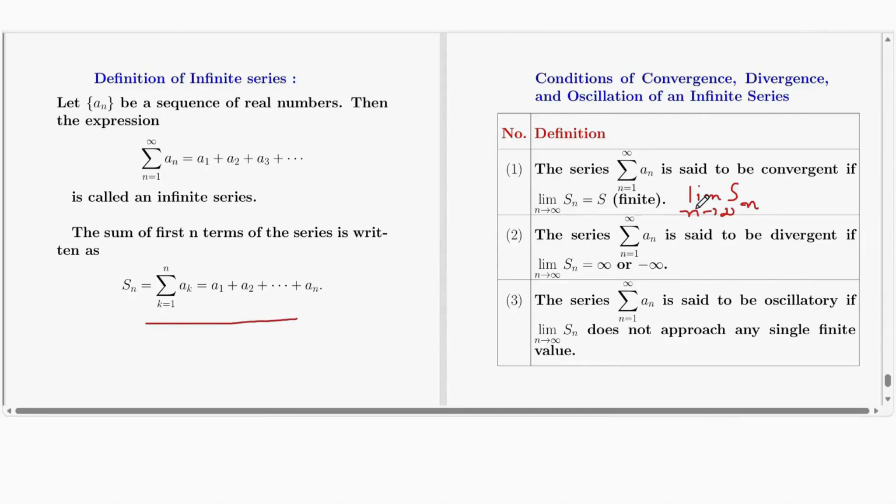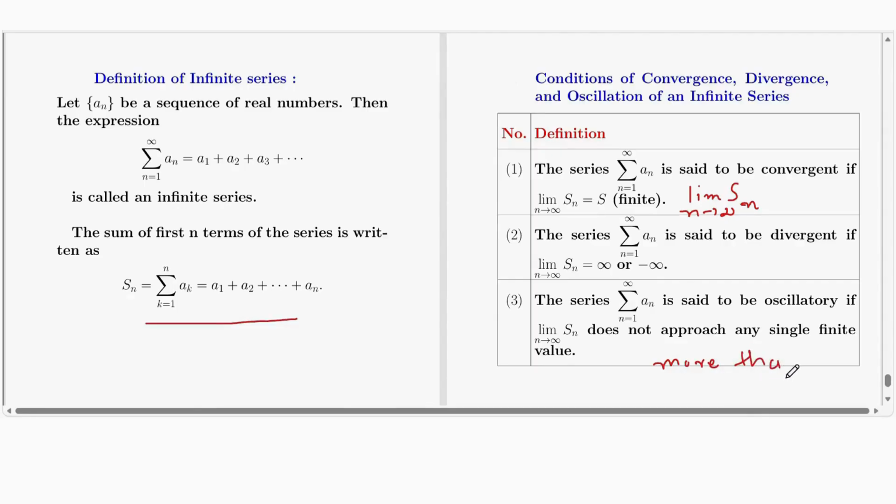Divergent series. Third, the series an is said to be oscillatory if limit n tends to infinity Sn does not approach any single finite value. Means after evaluating this limit, what we get? We get more than one finite value.